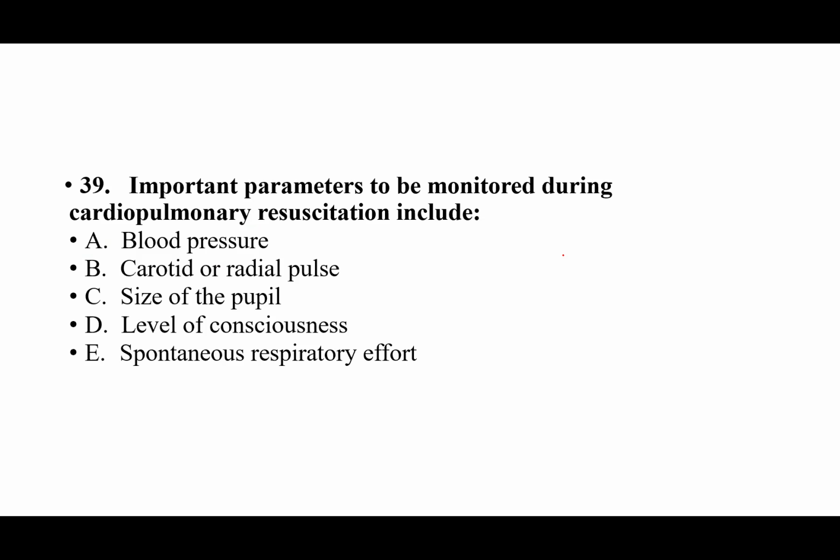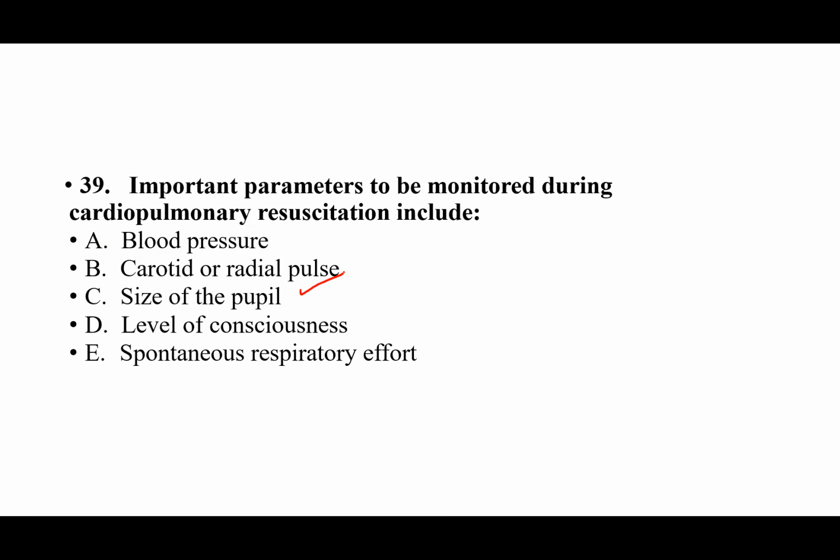What are the parameters you monitor during cardiopulmonary resuscitation? This one is simple. You are doing resuscitation in A&E. What will you be looking at? Whether the patient is still alive or dead? Size of pupil, carotid or radial pulse, level of consciousness, spontaneous respiratory effort, blood pressure, everything there, sir.